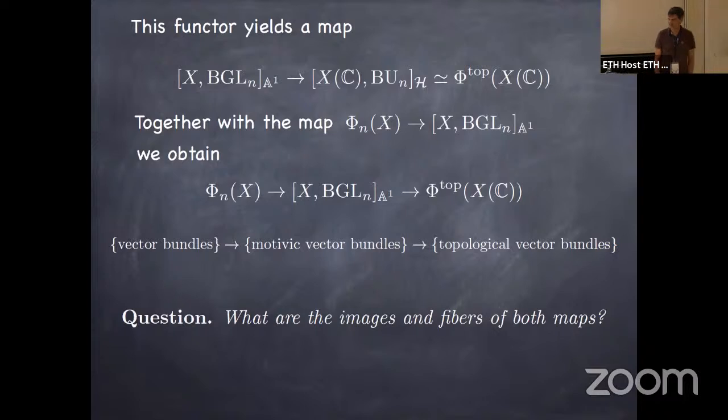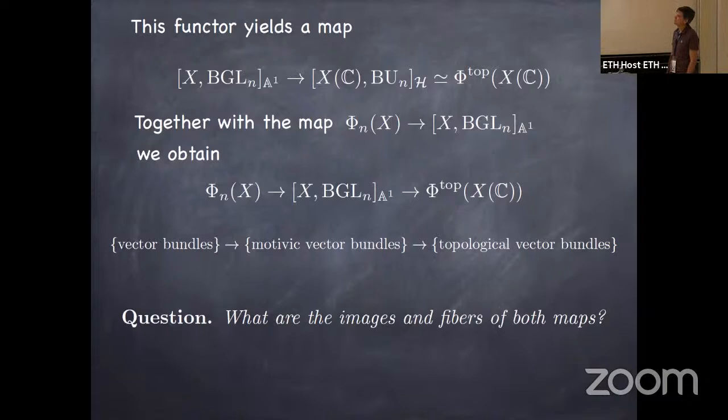You don't get other ranks than n. So you see from a Motivic vector bundle, you get a complex topological vector bundle on X, right? So if we look at everything, on the left, we have the set of actual algebraic vector bundles on X. Then in the middle, you have your Motivic vector bundles, and on the right, you have your topological vector bundles.